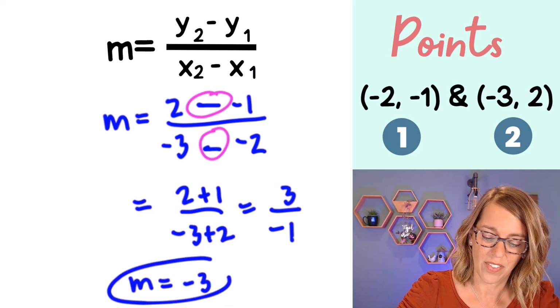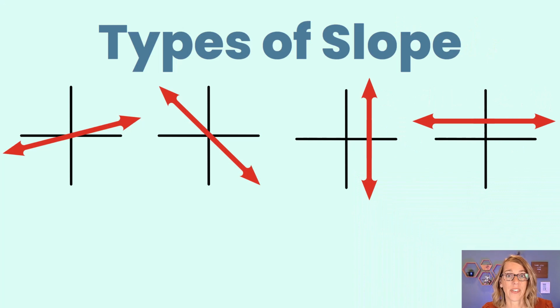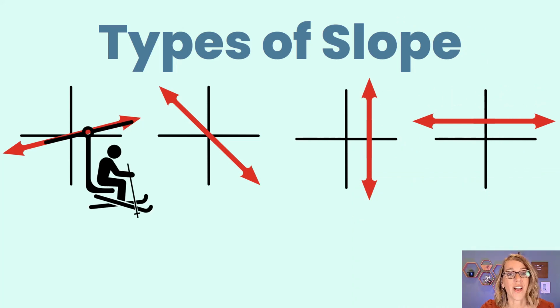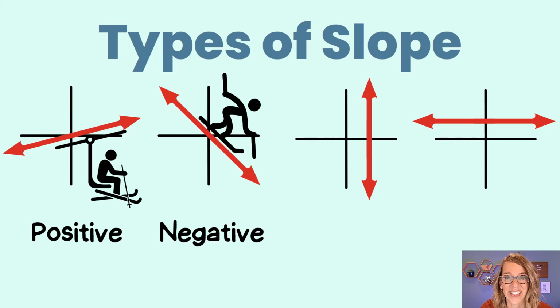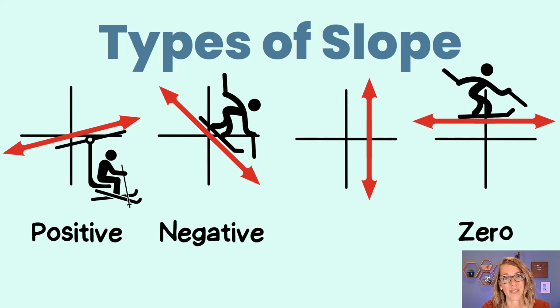So we've seen a couple of different types of slopes. We have seen a positive slope. A really good analogy is thinking of a skier. So if you are reading that graph from left to right, that skier is going up on the chairlift. Negative slope means that the skier is skiing downhill. I'm going to skip over this third one for a second, and I'm going to go to the last one.